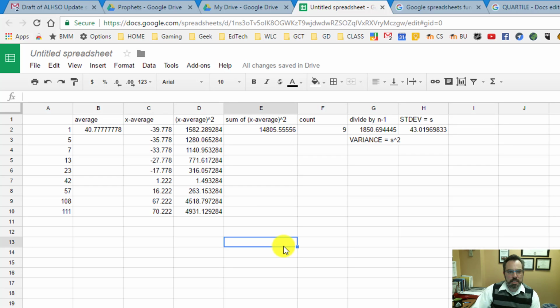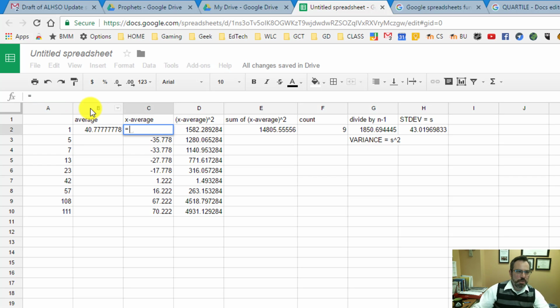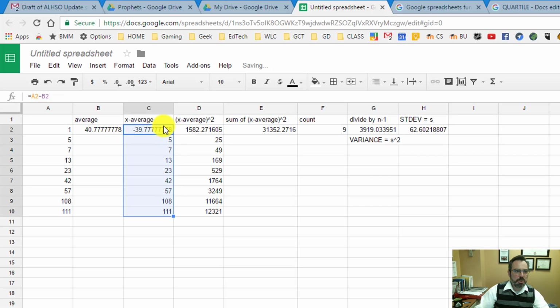Just as an addition to that, if I wanted to do this without putting them in, like instead of saying A2 minus 40.778, I can say equals A2 minus B2, but that formula is going to change when I drag it down. It's always going to do A2 minus, in this case, B3, and A4 minus B4.